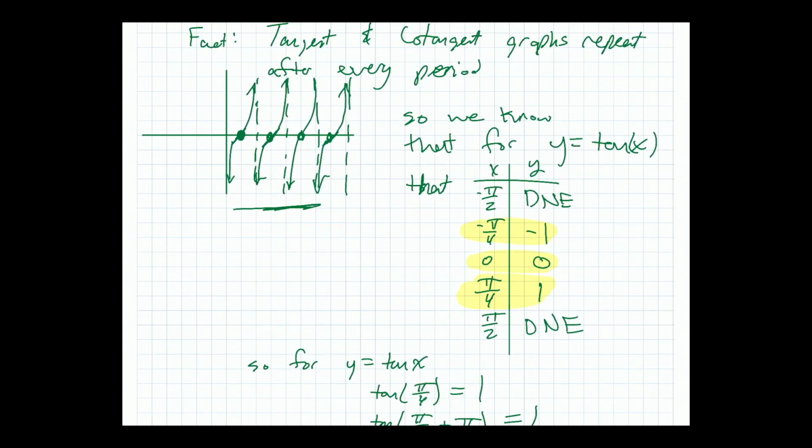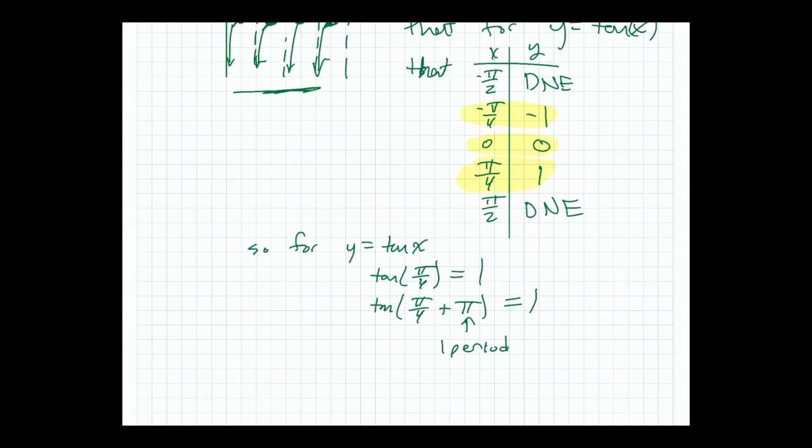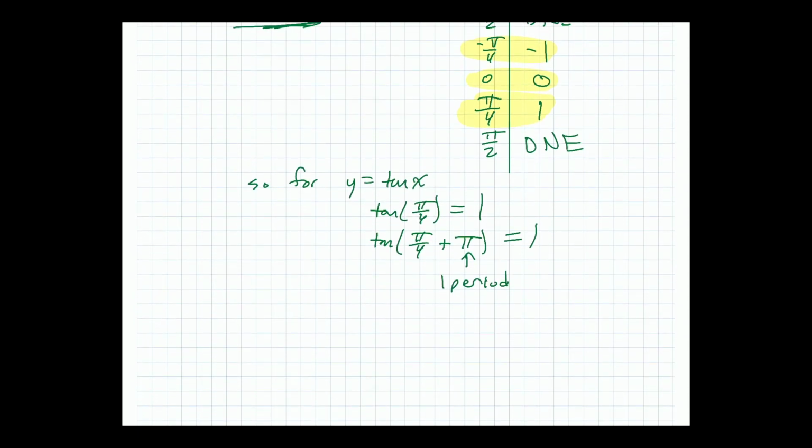Whatever it is at 1, you can move over one period and you get to the same point again. If you take a point here and a point here, that's one period. That distance, one period. So normally the period is pi.